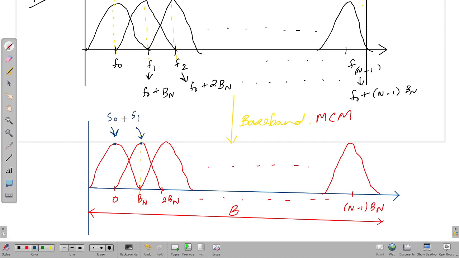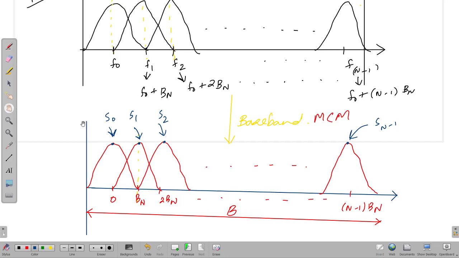It's a convention to use capital letters in frequency domain and small letters in time domain. This is S2, etc. It goes up to Sn minus 1. So you have n number of modulated symbols.